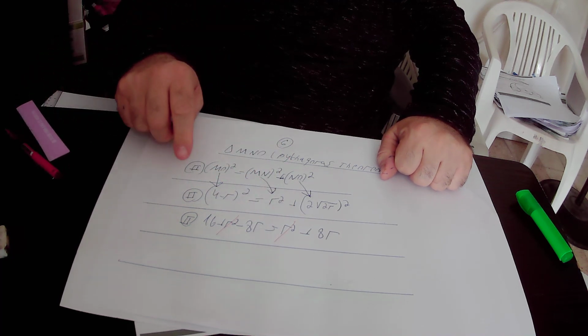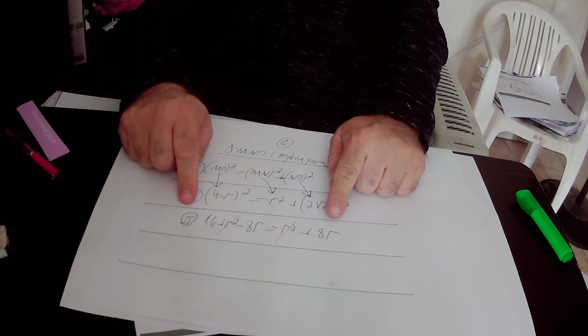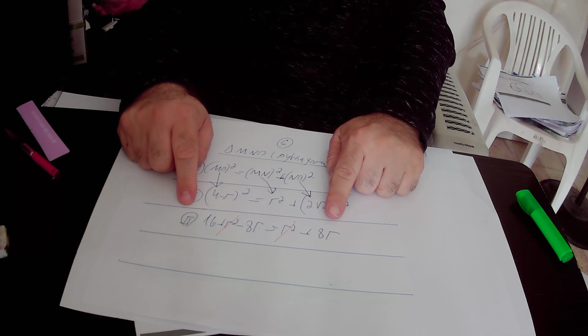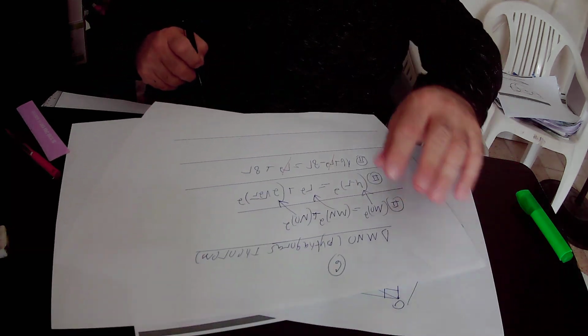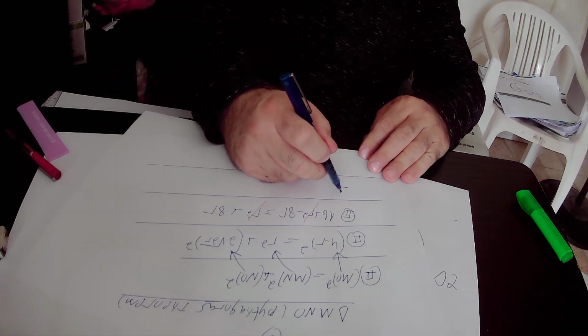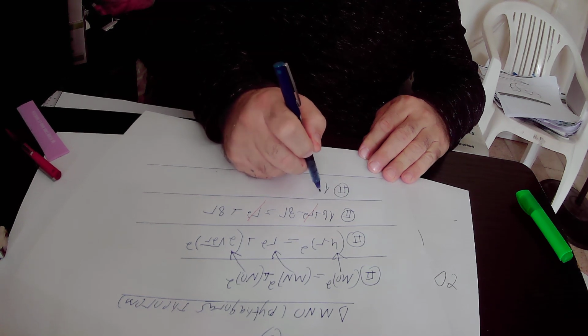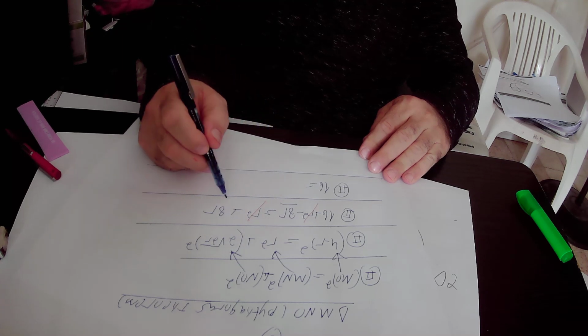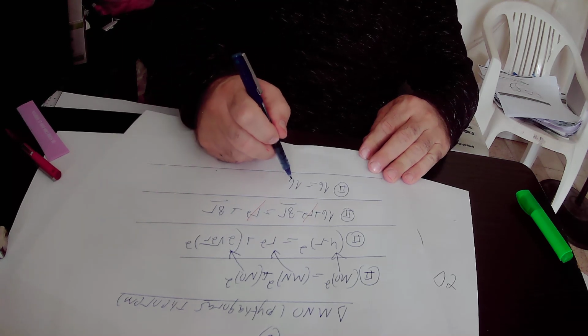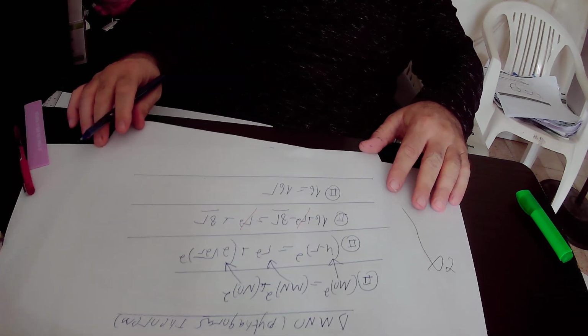And we will add 8r to this equation, equation number 2. So what we will get after we add 8r is that 16 equals 8r plus 8r, which is 16r. So 16 equals 16r.